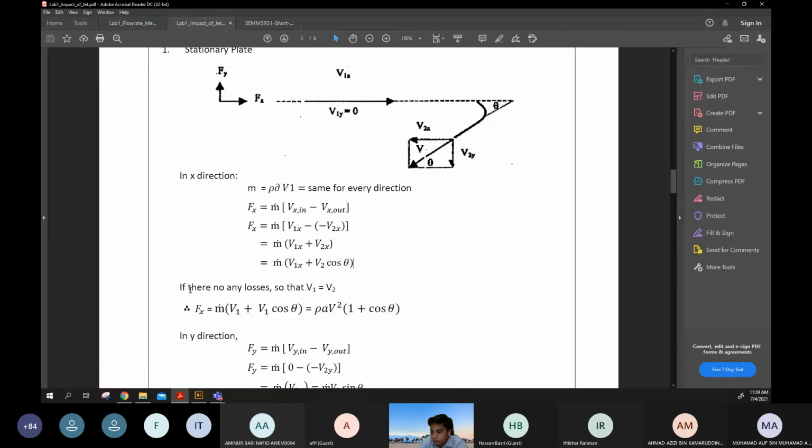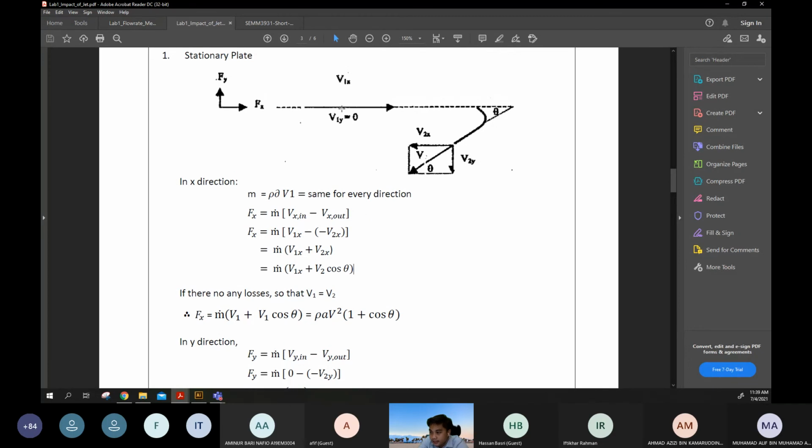For this case, we neglect any losses. So we assume that the velocity at the inlet will be equal to the velocity at the outlet. So V1 equal to V2. We replace the V2 with V1. You see here, V2 changed into V1. So the mass flow rate times V1 is actually the same.